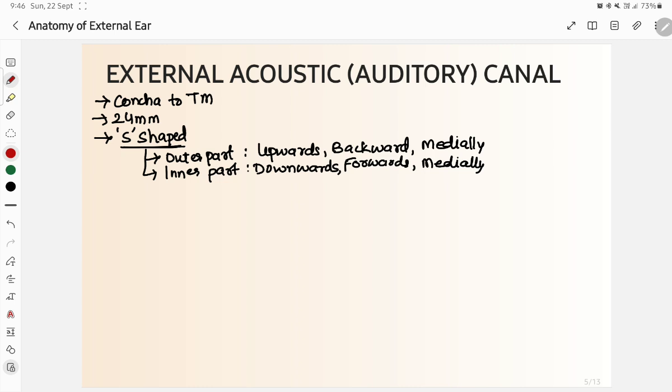Now, during the examination of ear, it will be difficult to visualize the complete EAC. Thus, a maneuver is used to straighten the patient's EAC. This maneuver in the adults is in the direction upward, outward, and backwards.